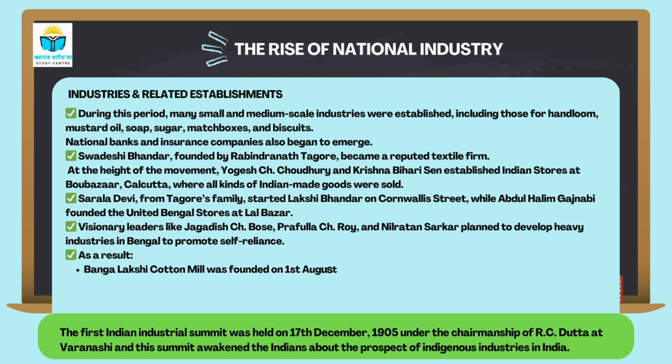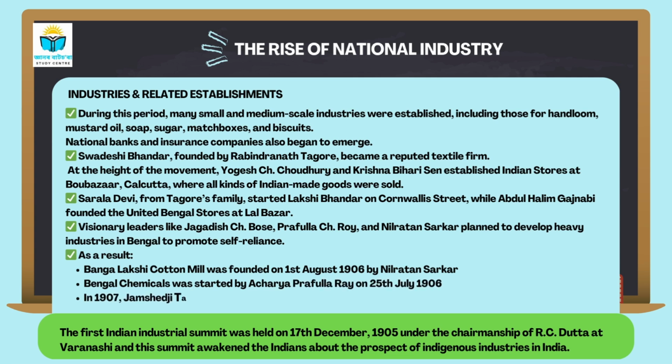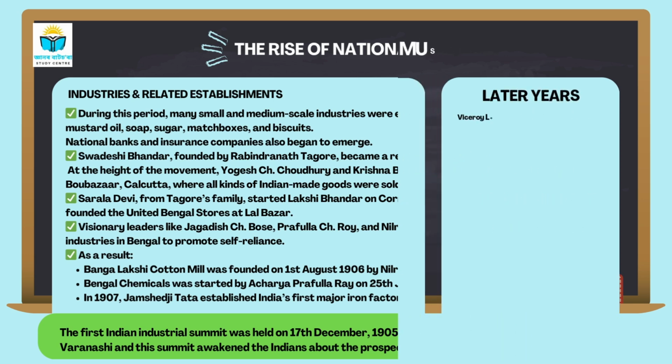Bengal Chemicals was started by Acharya Prafulla Ray on 25th July 1906. In 1907, Jamshedji Tata established India's first major iron factory. The first Indian Industrial Summit was held on 17th December 1905 at Varanasi, chaired by R.C. Dutt, which awakened Indian interest in indigenous industries.